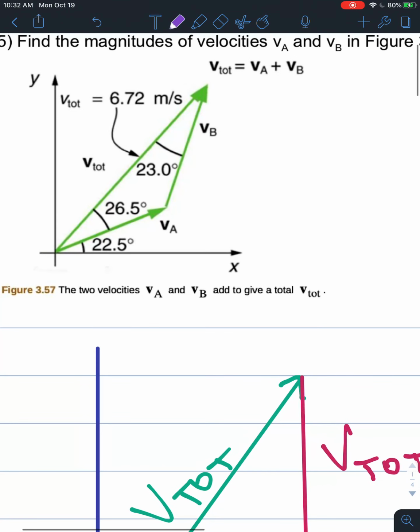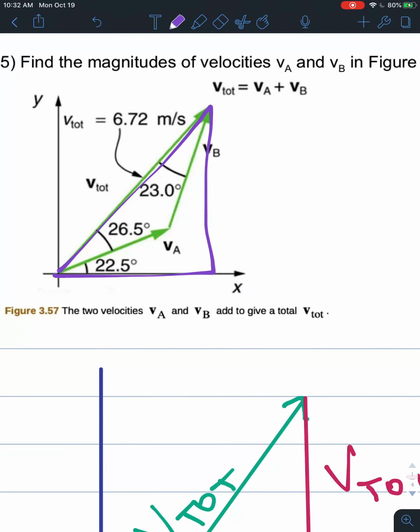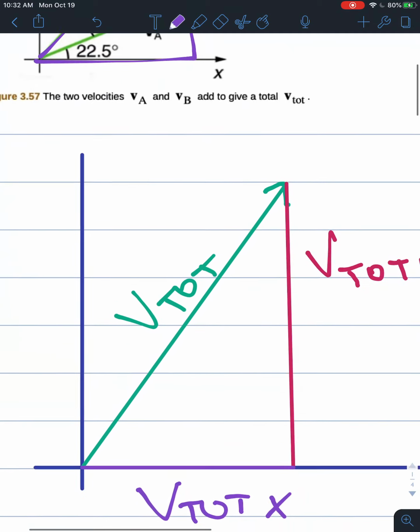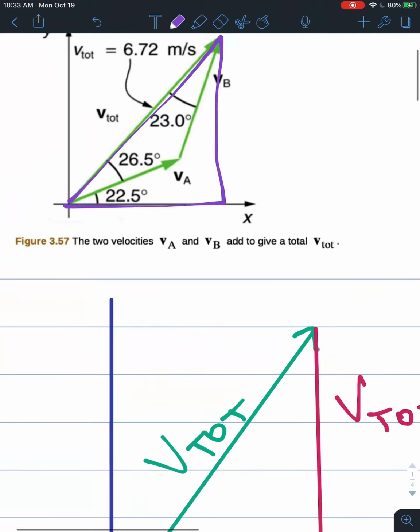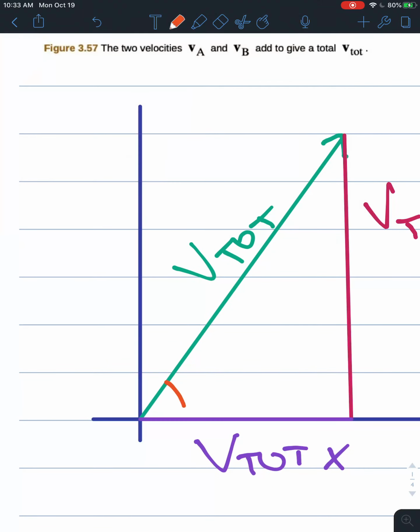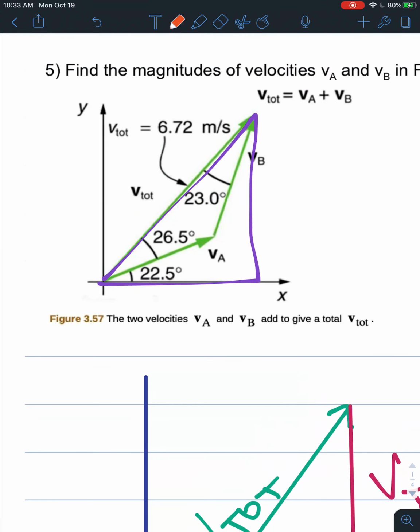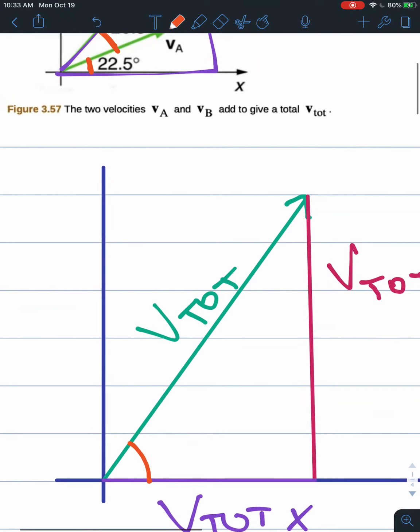If I look at this diagram here, what I have drawn right now is this triangle. Same triangle, it's just that one is not nicely drawn, but it's drawn on the diagram. So I can see that the angle I'm looking at, which is this angle here, is going to be this angle of 22.5 plus this angle of 26.5.